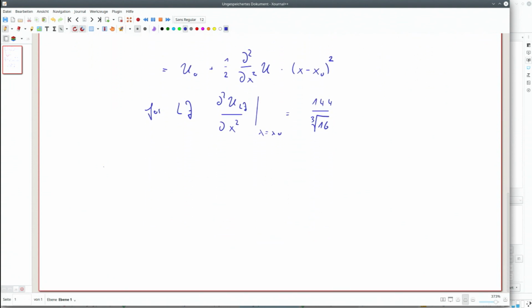Then from this energy you can get the restoring force, which is just the derivative, minus this constant term d2u/dx squared times x minus x0.